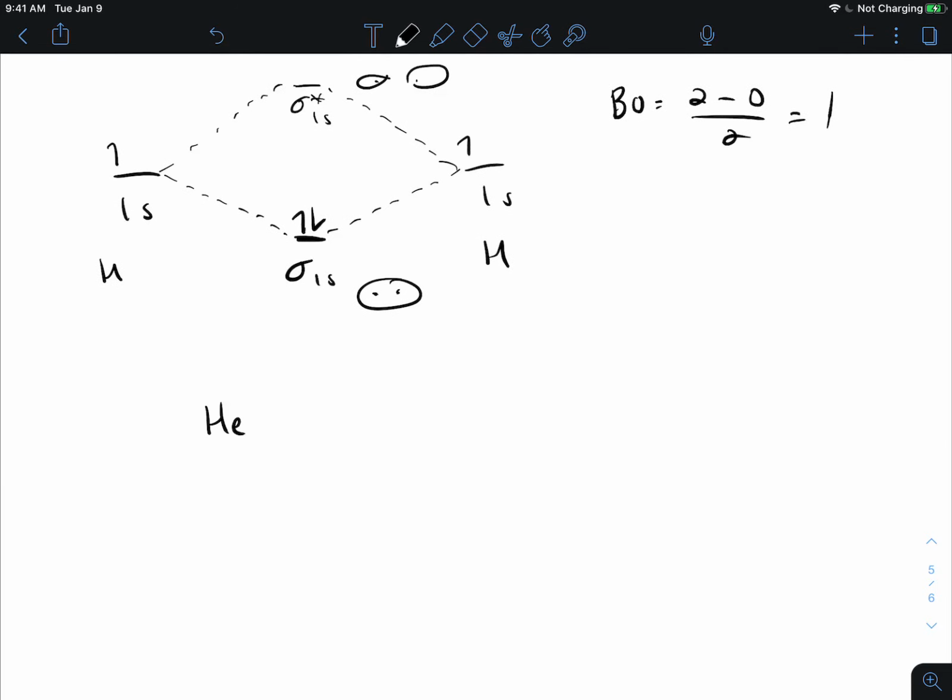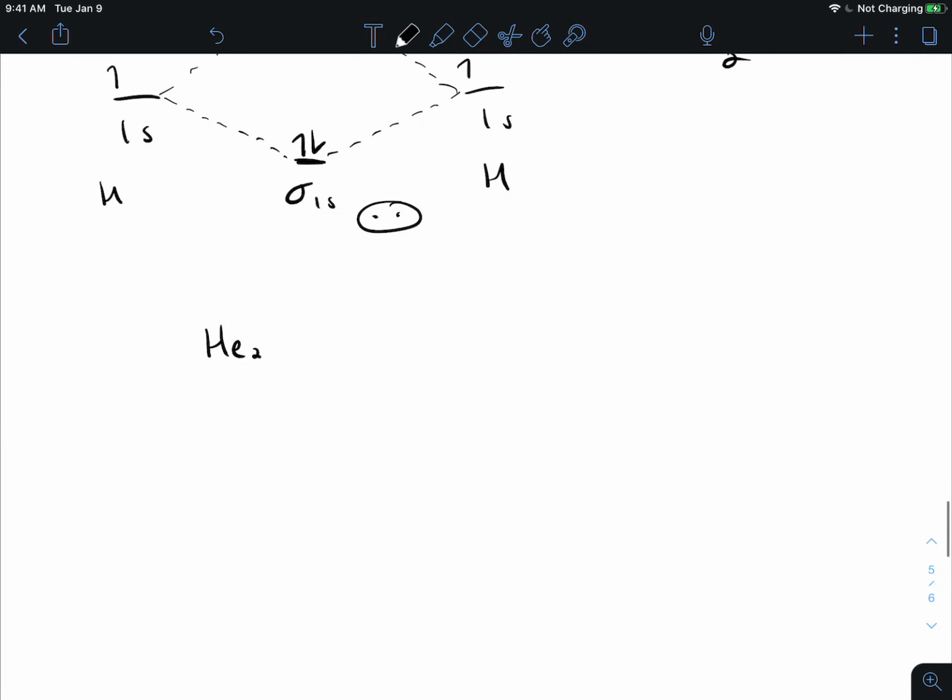We can do the same thing for helium. If we want to look at He2, we take our two 1s orbitals of helium and combine them, producing our bonding sigma, then our anti-bonding sigma star.